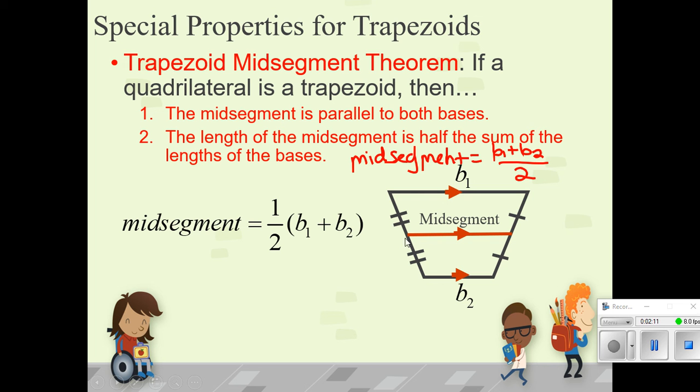So right here, this line is the mid-segment, and the formula is half times base 1 plus base 2. If you add these two and divide by 2, that is the length of this mid-segment. So that's the relationship: base 1 plus base 2 divided by 2, or multiplied by half. And that gives you this measurement.